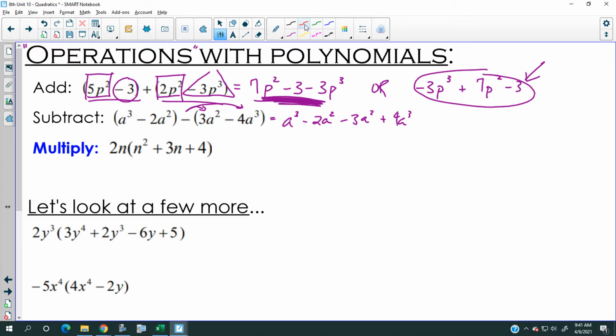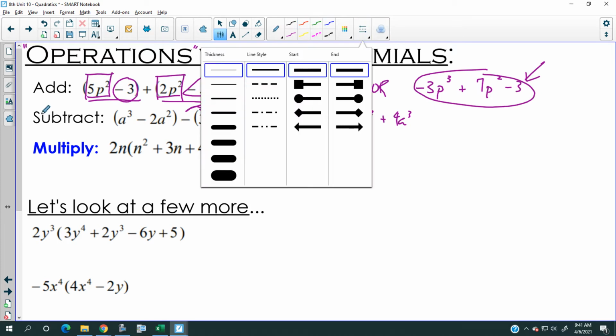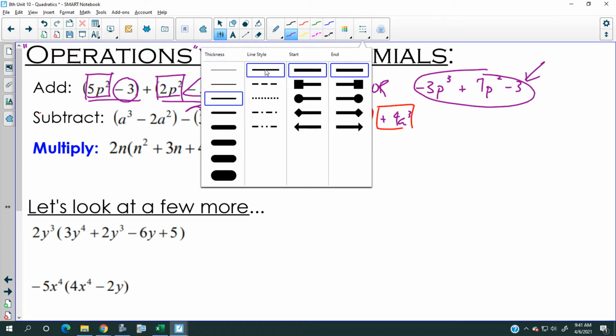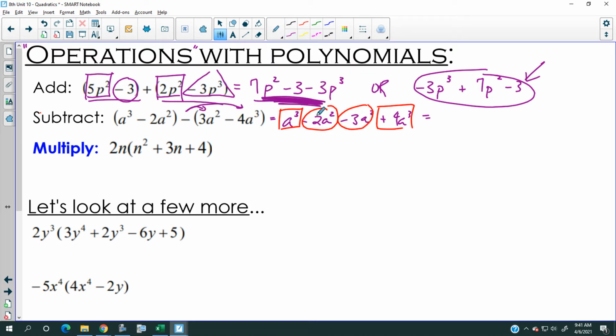Like terms, same family: that's the a to the third family, and this is the a squared family. Combining those, a to the third plus 4a to the third is 5a to the third, minus, negative 2 minus 3 is negative 5, negative 5a squared. This is in standard form already, since a to the third is a higher power than a squared.